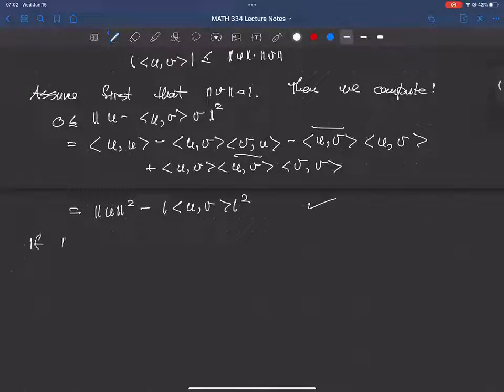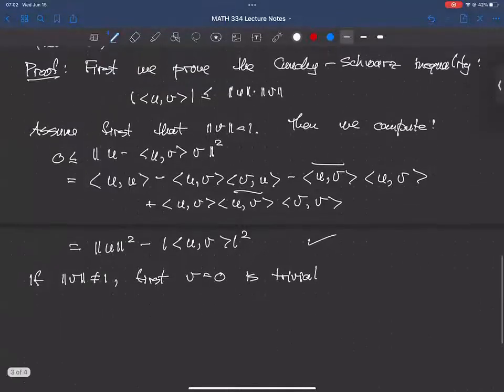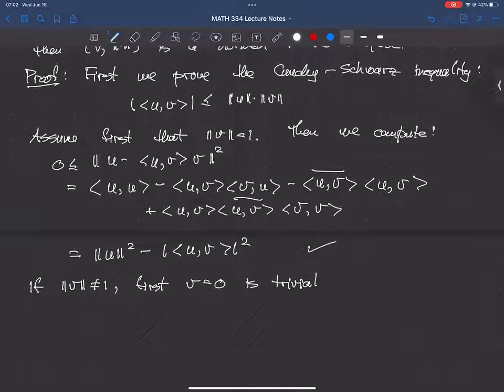So if the norm of v is not equal to 1, the first case to look at is when v is equal to 0. In that case, the Cauchy-Schwarz inequality holds with equality. Okay, and so let's take the norm of v not equal to 0 or 1.